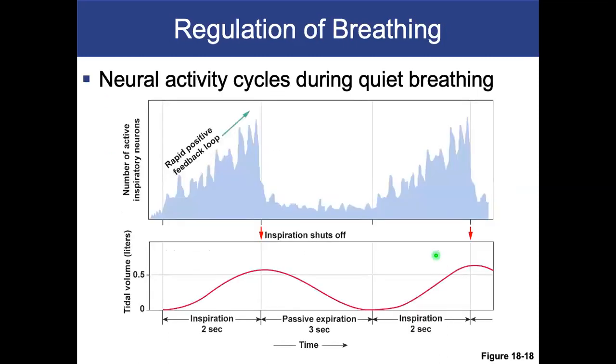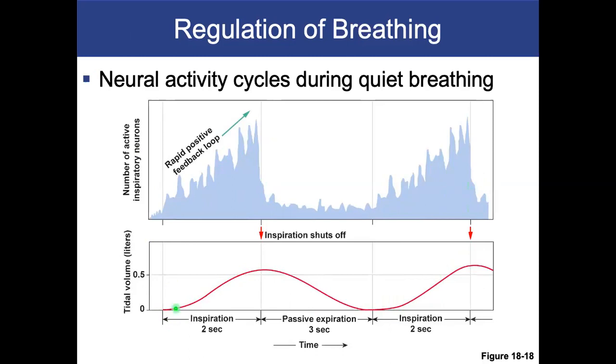Okay, so this just shows your inspiratory nervous chatter. So nerves increase firing, and that causes your diaphragm and external intercostals to start contracting, and you take a breath in, and then those nerves shut off, and because they shut off, the muscles relax and you exhale out, and then the nerves chatter gets louder, you take a breath in, and then the nerves shut off, the muscles relax, and then you exhale.